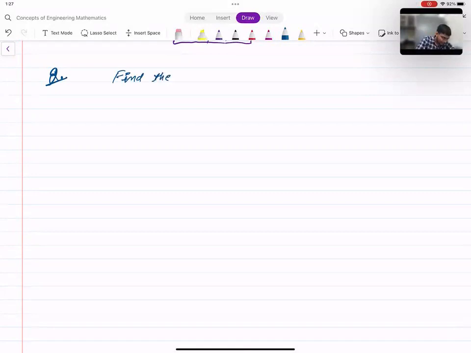We have to find the angle between vector A, which is i cap plus j cap, and vector B, which is i cap plus j cap plus k cap.